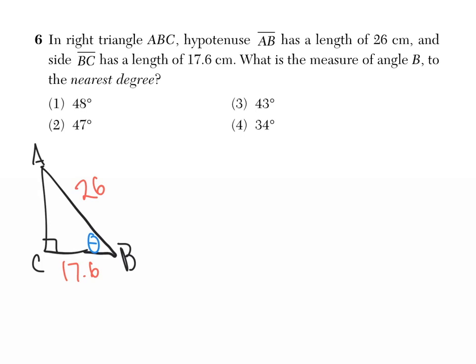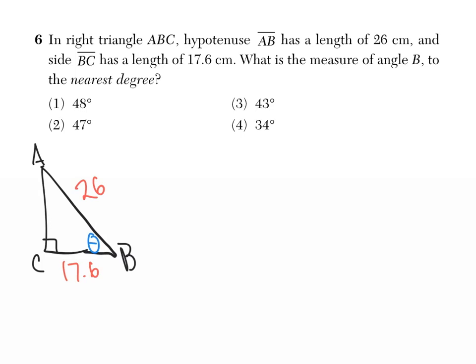So our objective is to try to figure out what is the measure of this interior angle right here to the nearest degree. Well, I know that we're going to use our trig ratios, and I recognize that here, when we're looking at this from the perspective of angle B, we've got adjacent and hypotenuse, and that of course is going to be the CAH in SOHCAHTOA, so we're going to be looking for cosine.